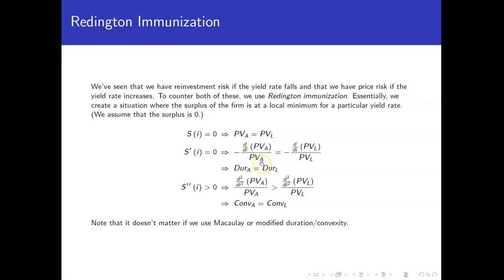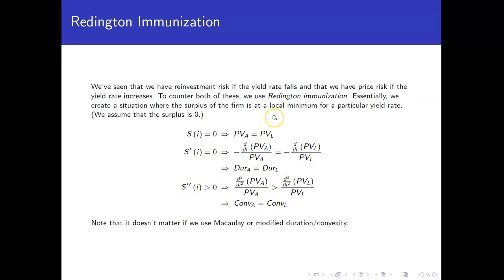And since the present value of the assets and the present value of the liabilities are the same, I can divide both sides by that quantity. The reason I do that now is I recognize these fractions. The first one is the modified duration of the assets. The second one is the modified duration of the liabilities. So, to make sure that we have a critical number, we want to make sure that those durations are actually equal.